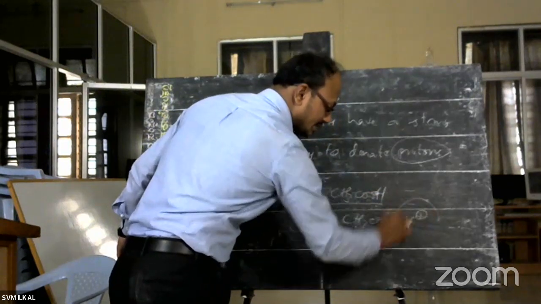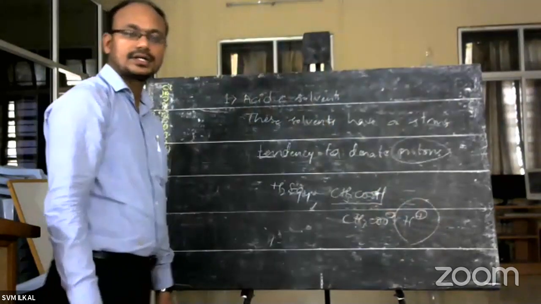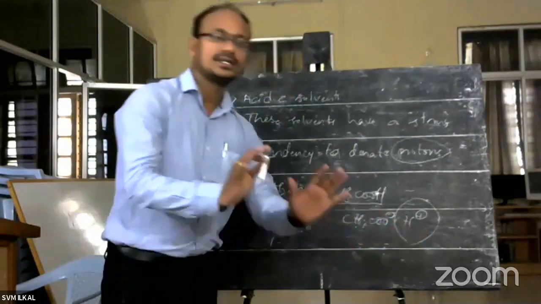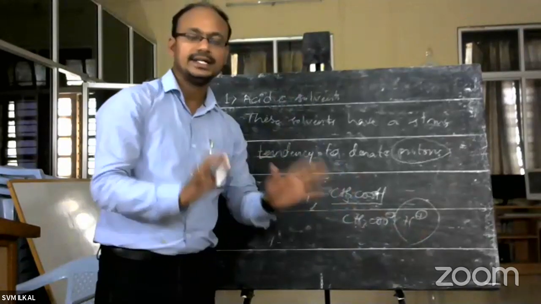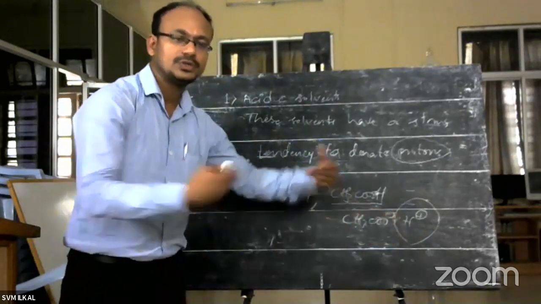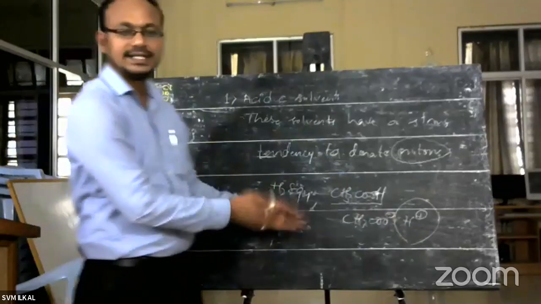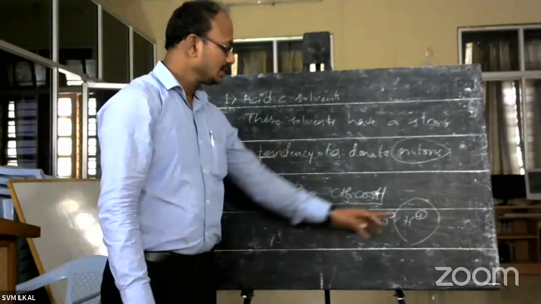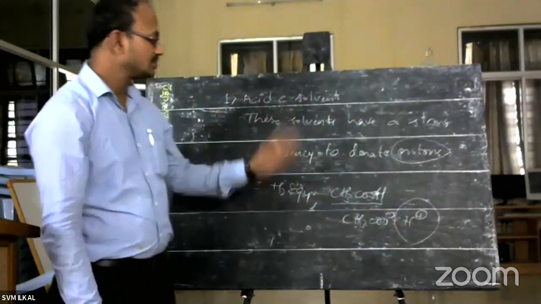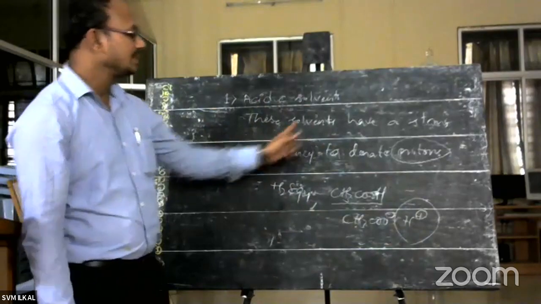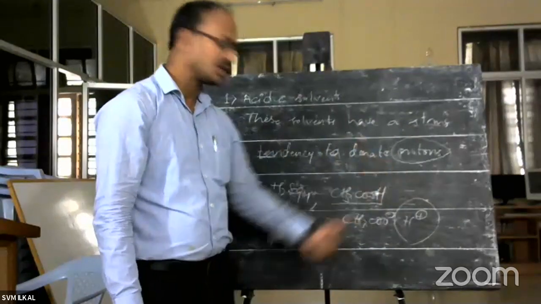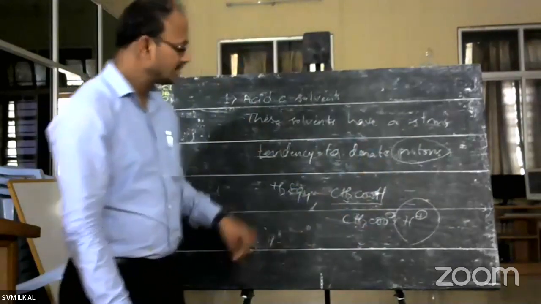This H plus is liberated from the acetic acid, and this proton is readily available in the solvent, meaning it has the ability to donate protons. So this acts as an acidic solvent. The statement tells us that solvents with a strong tendency to donate protons can be called acidic solvents. Examples are acetic acid as well as H2SO4.